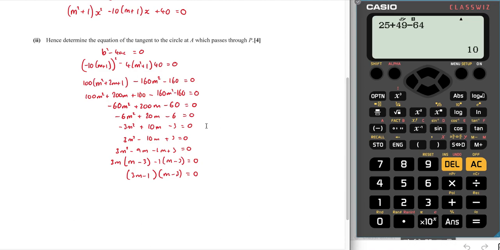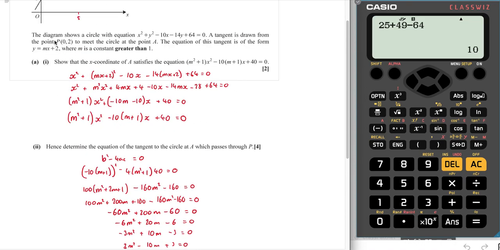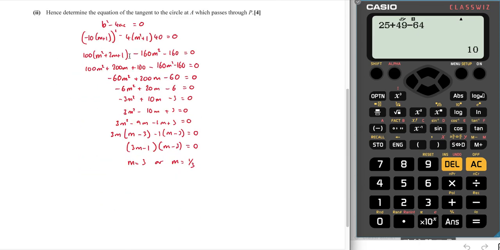So those are the two gradients of lines that are tangents. So therefore m equals 3 or m equals a third. But the equation of the tangent is in the form y equals mx plus 2, where m is a constant greater than 1.